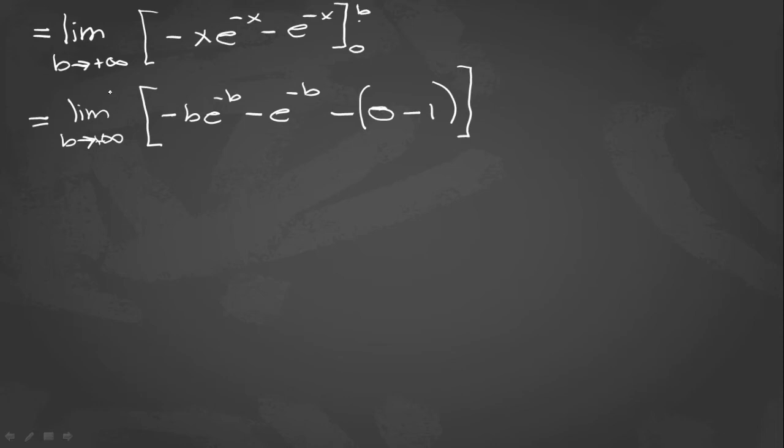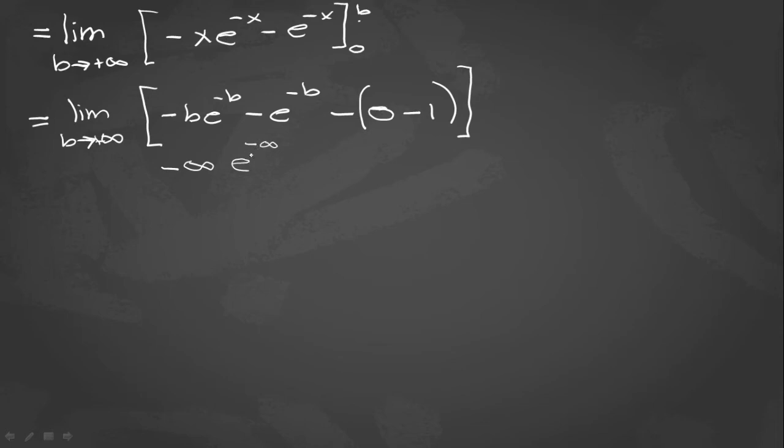Now if we apply the limit to each term, notice that as b approaches positive infinity, the exponent becomes negative infinity. Thus e raised to negative infinity is simply 0. You can try it in your calculator by inputting e raised to negative 1000. This will have a resulting value of 0.